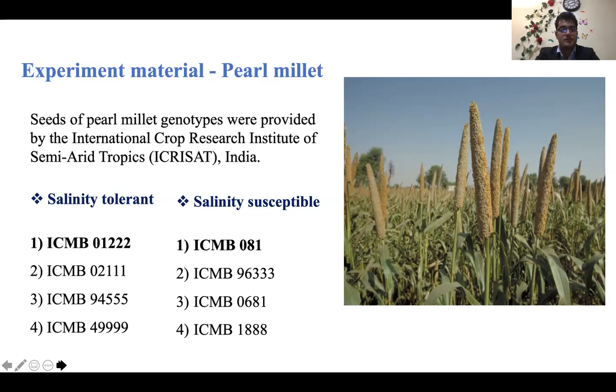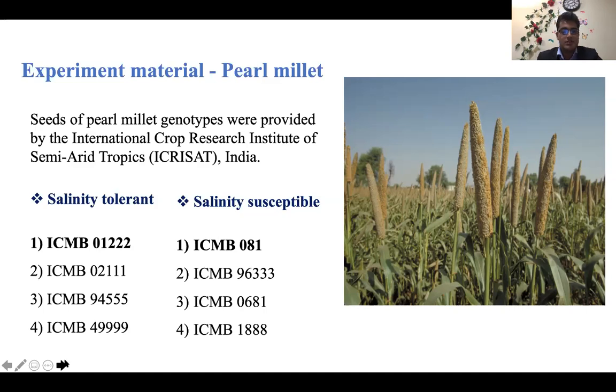Based on our initial screening in the greenhouse, we selected ICMB 01222 as a baseline, or perfect, salinity tolerant line. And at the same time, we selected ICMB 081 as a perfect susceptible line to study the contrasting phenotype during salinity stress.